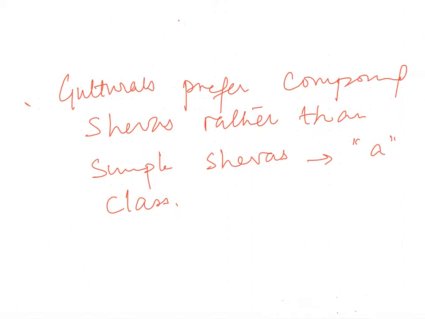Just a word on gutturals. Gutturals tend to take compound shevas rather than taking simple shevas. Usually, gutturals prefer the A class vowel, always. Okay. Remember, they prefer the A class, and even if it takes a compound sheva, most of the time it will take a chatef patach. That doesn't mean they don't take the other compound shevas.